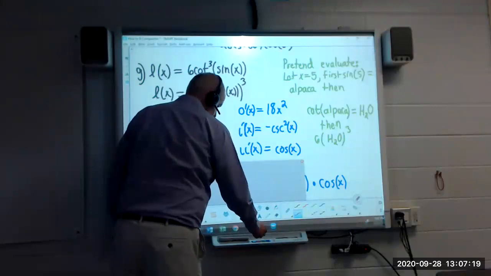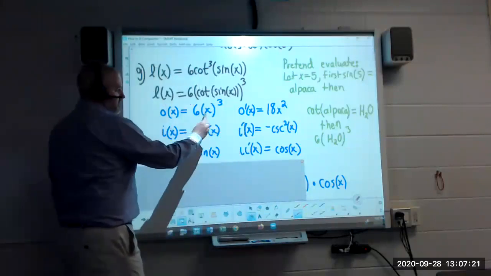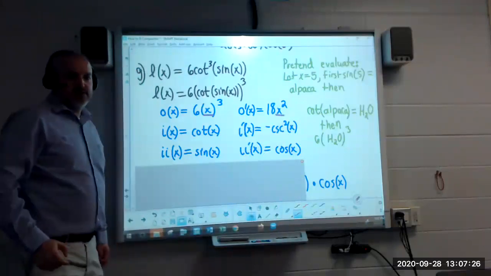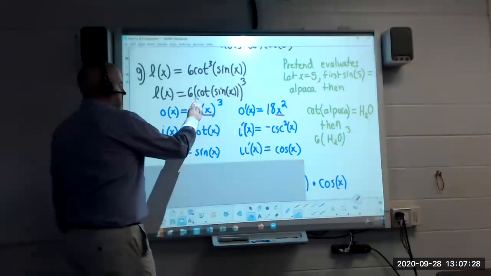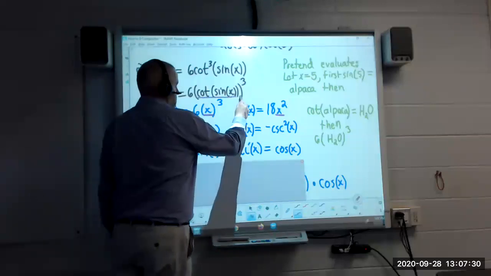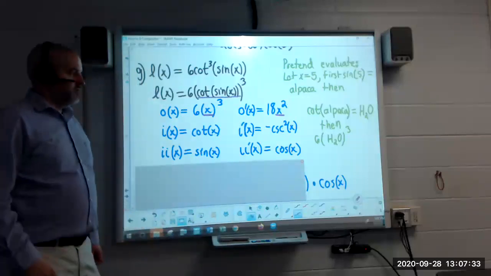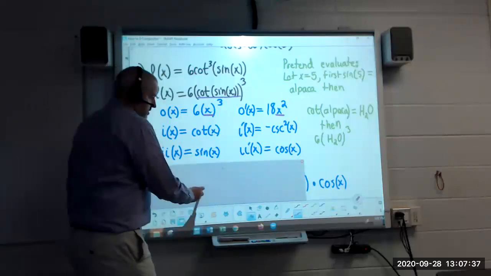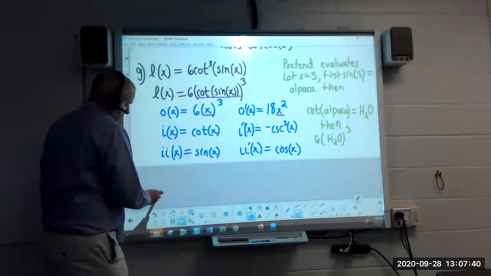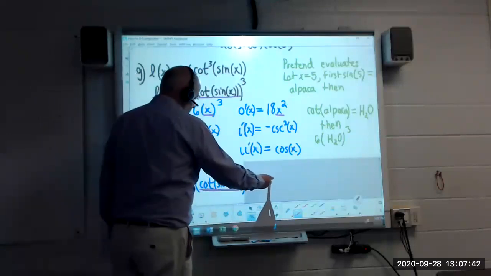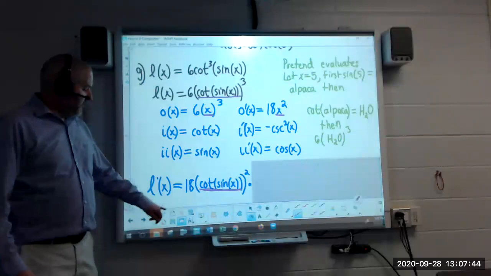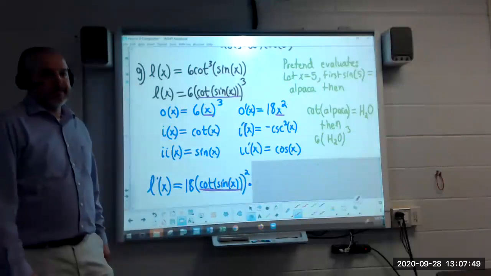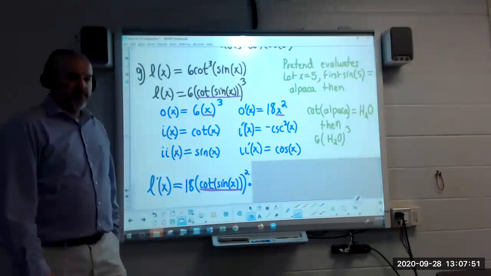Well, what is this x and this x as well equivalent to? The cotangent of the sine of x. Okay, that's the cotangent of the sine of x. So if you take a look at the derivative I've got down here, we start out with L prime, we have 18 times the cotangent of the sine of x squared. That's what we got, okay?